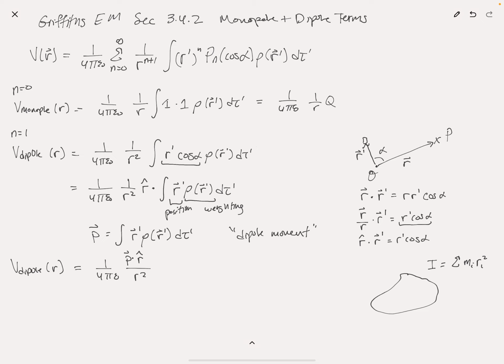And that's my potential for my dipole. If you know where the charges are located, you can calculate what the dipole moment is, and you can dot that dipole moment with the direction that you want to evaluate your field in, and that gives you your dipole potential.